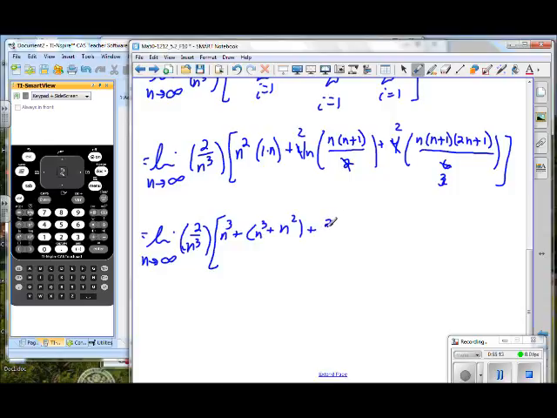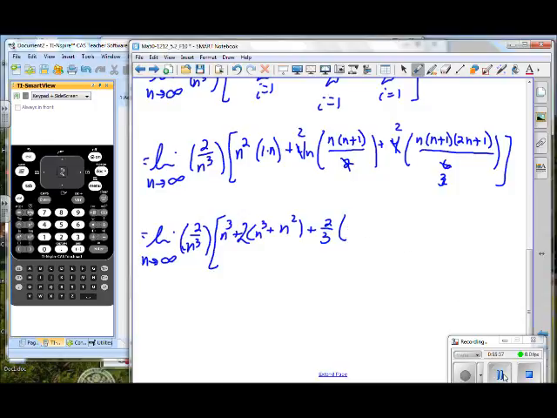So we end up with 2/3. Okay, forgot my 2 back here, didn't I? So we'll squeeze that 2 in there. And then we have 2/3 times, let's see here.